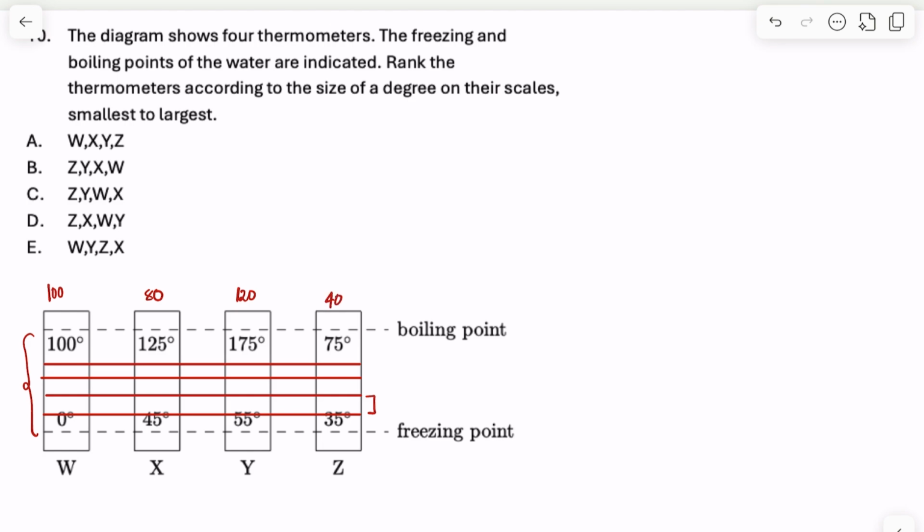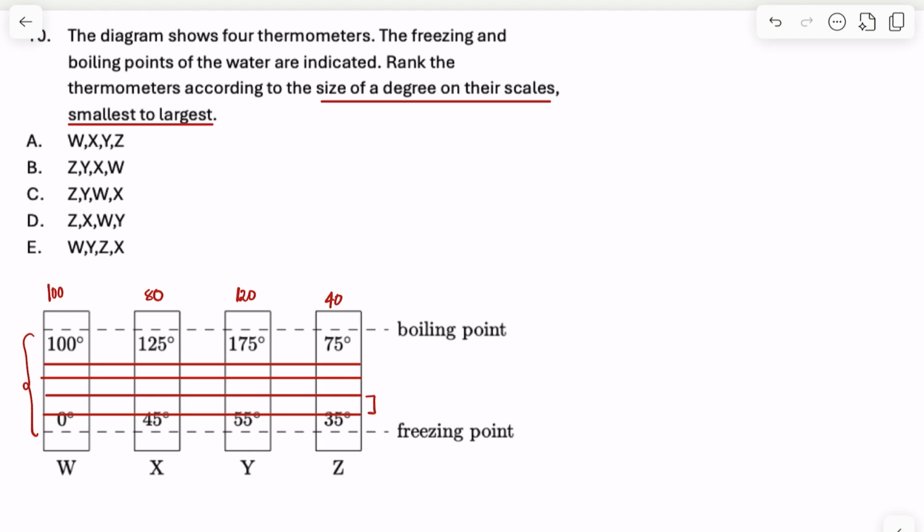So the question is, we have to rank according to the size of a degree from the smallest to the largest. Now, if these are the intervals between the boiling and the freezing points, 100, 80, 120, and 40, that means if I equally divide all of these thermometers into 10, the 40 interval divided by 10 will be 4 degrees for each part.